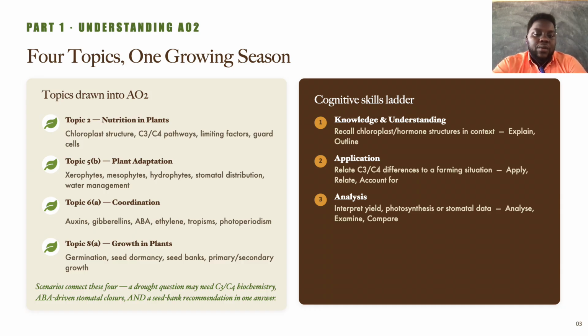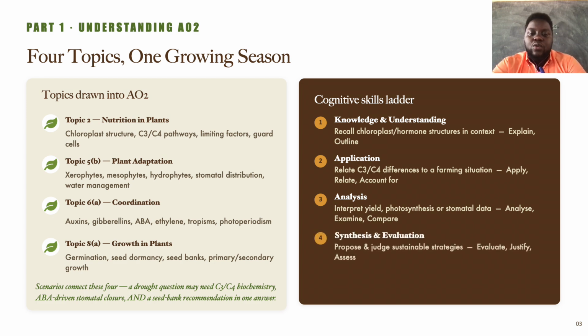Only the vocabulary is going to change. In assessment objective 1, you were climbing the ladder with mitochondria and ATP. Today you are climbing that exact same ladder with chloroplasts and abscisic acid. This is good news, by the way. It means that mastering this ladder once is worth 4 times as much, because you are going to use it in every single assessment objective.